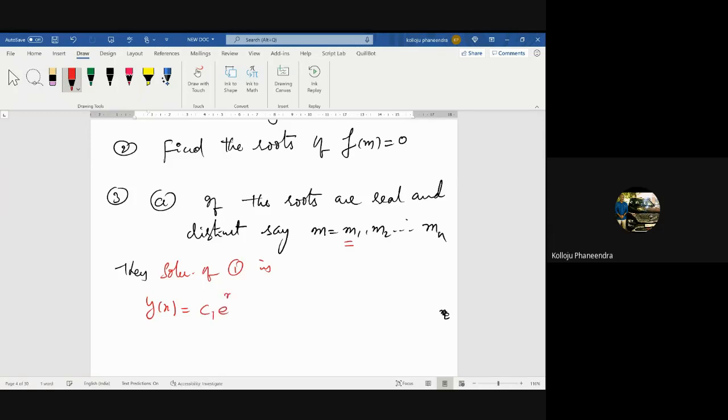One constant into e power m1x, one constant into e power m2x, and so on, cn into e power mnx. This is the first point A.